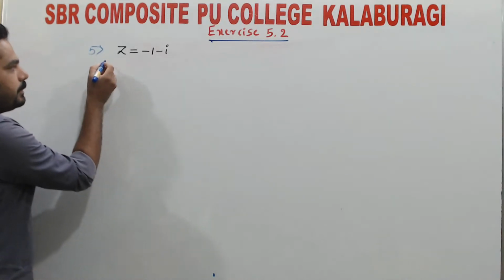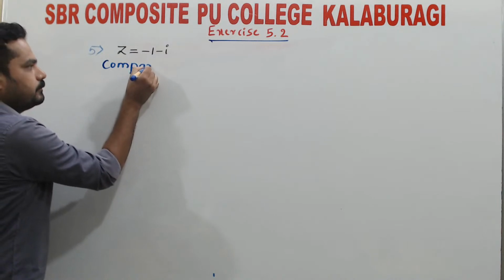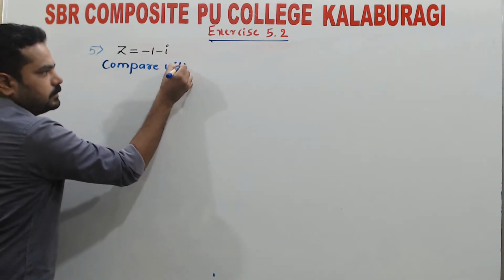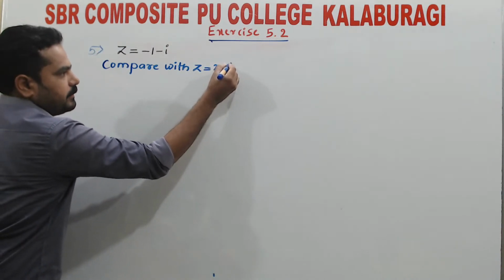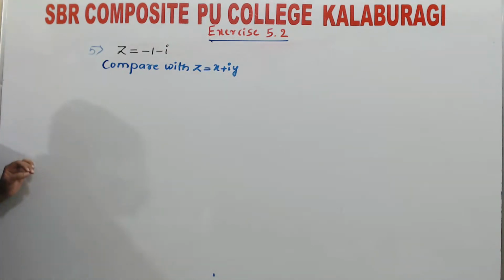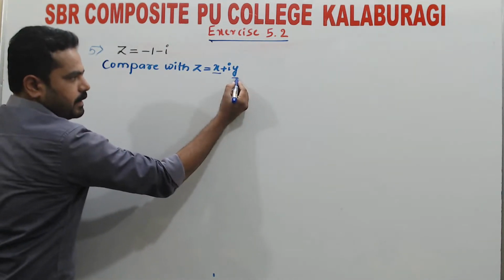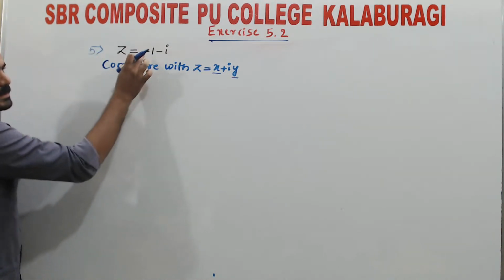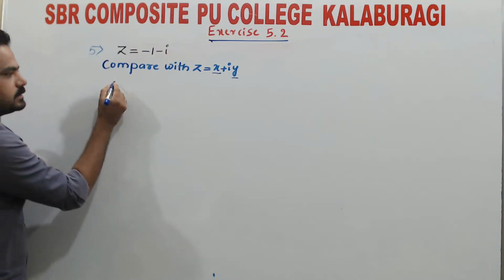Okay. First, compare the given complex number with z equal to x plus iy. This is called the real part of the complex number and this is the imaginary part. Here the real part is -1 and the imaginary part is also -1.